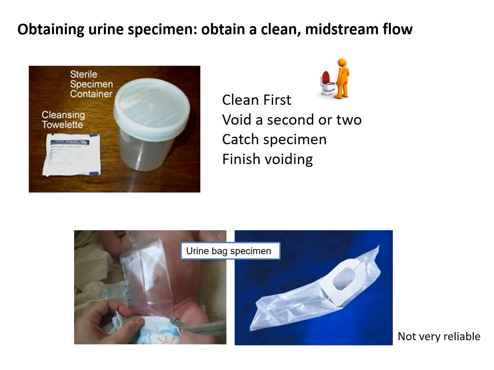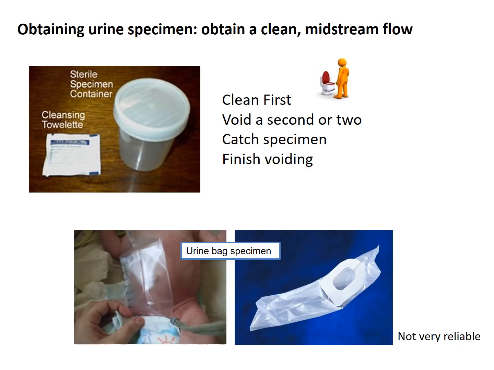Some individuals will use bag specimens for infants, so they'll use these bags that can be taped around the urethra, or taped around the entire perineum, right? And then wait for the infant to void. They void into the package. May be reliable, may not be reliable.